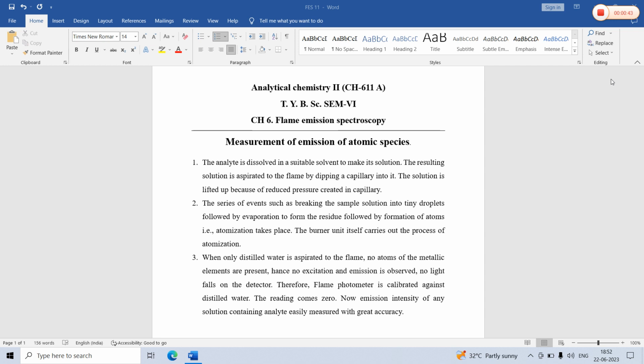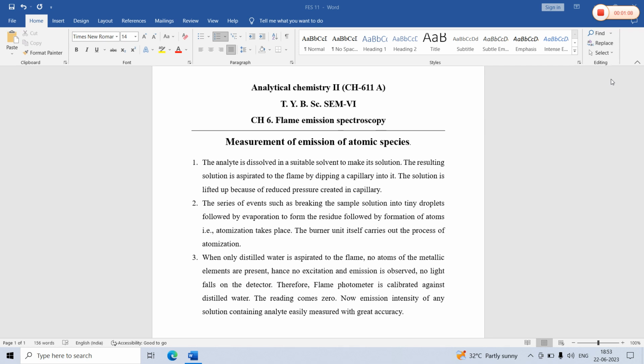In flame emission spectroscopy, the instrument used is the flame photometer, and in that we have already seen the introduction and some part of the principle. Then its working, types of burner unit: premix type of burner and total consumption burner. The premix type of burner is also called a laminar flow burner.